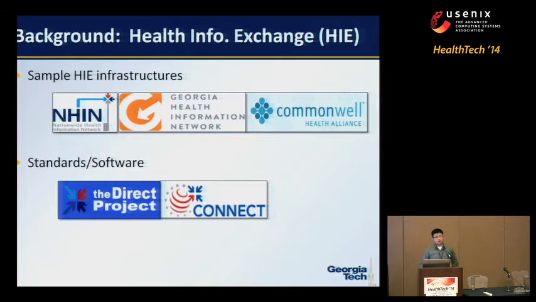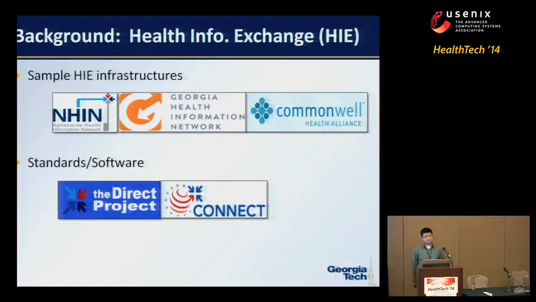So these two projects are initiated by the US government at the level of both federal government and state government. Commonwealth is a health alliance, which is formulated by big healthcare companies like Greenway and McKesson.